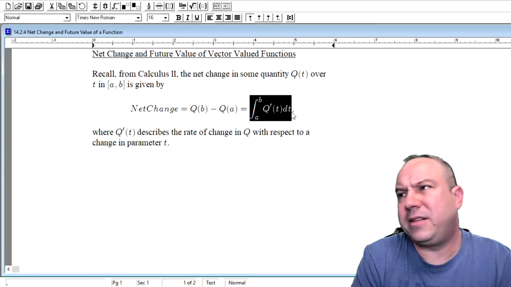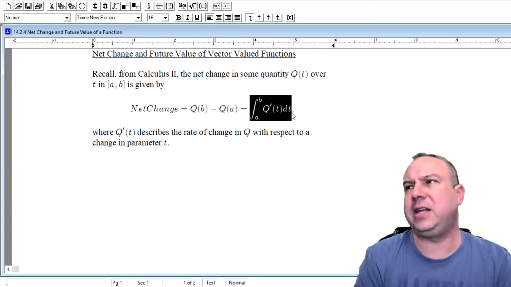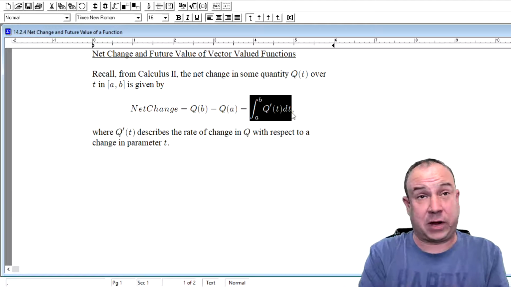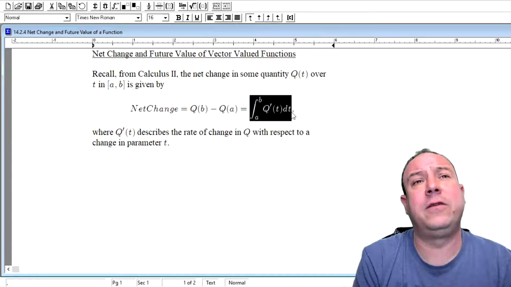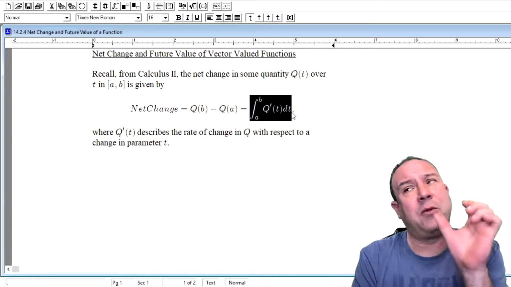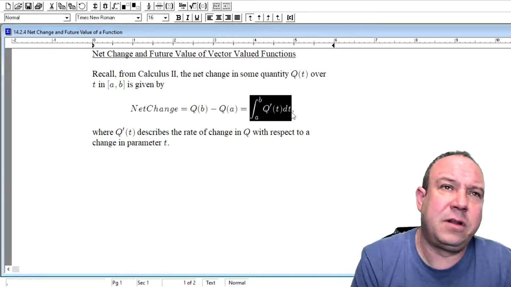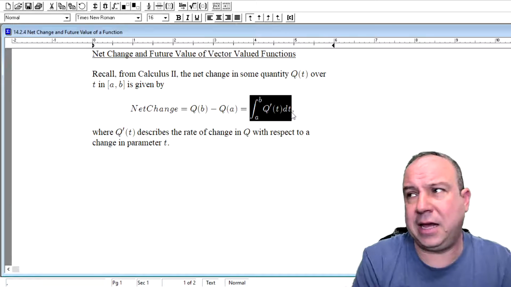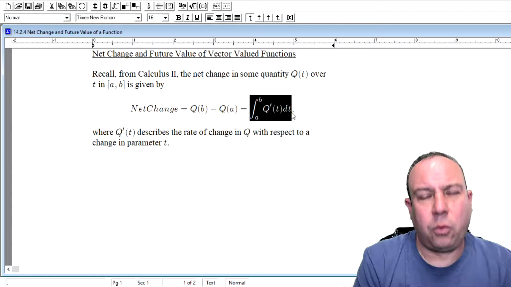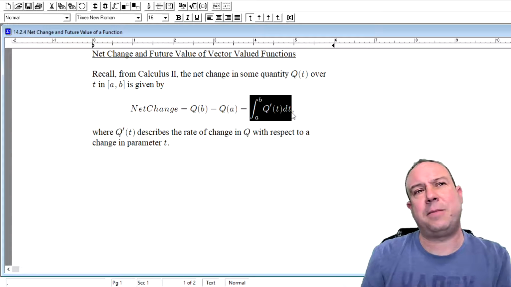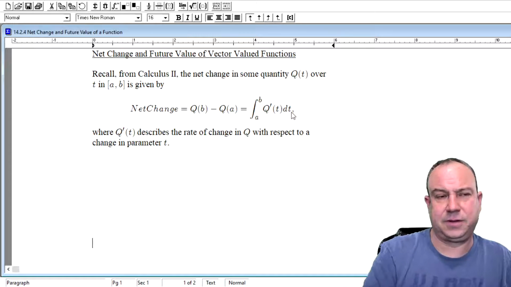We are able to calculate that net change using that rate of change, and that involves the integration process. We can integrate from a to b the value of q prime of t dt, and we can gain information about how q changes on this interval of the parameter t from a to b. So that is what we want to recall, and we're going to see this come back in the context of vector valued functions.